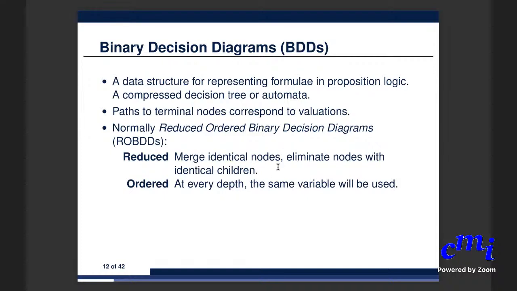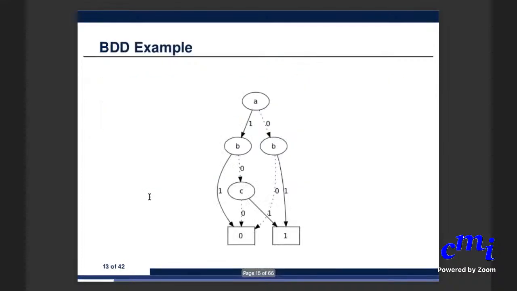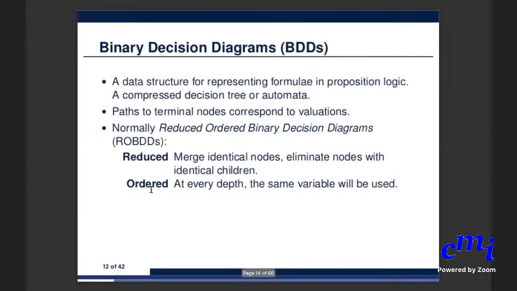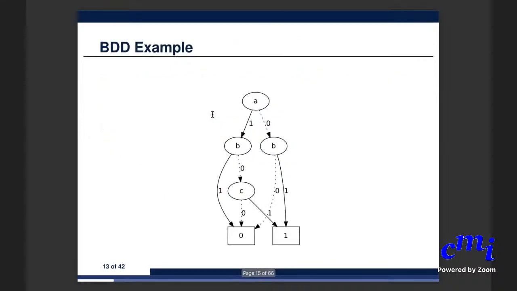With those two assumptions, that it is reduced and ordered, in the sense that the variables appear in the same order, these are canonical representations for a formula, in the sense that they are unique. Every Boolean function has a unique representation.